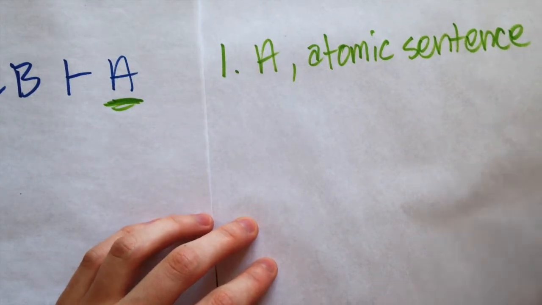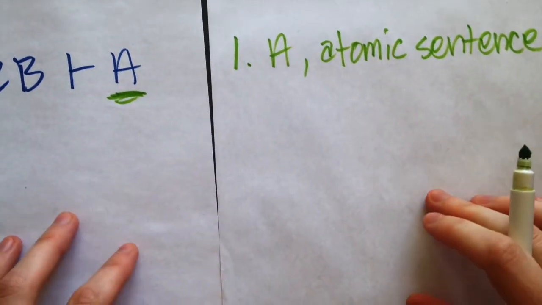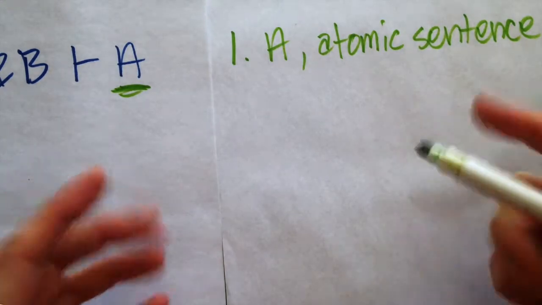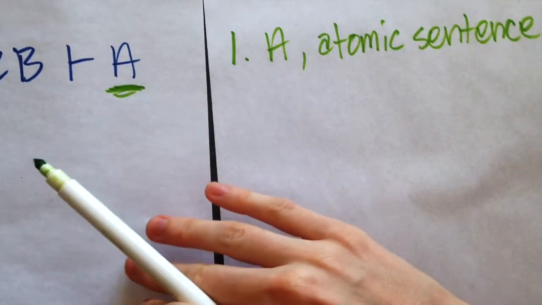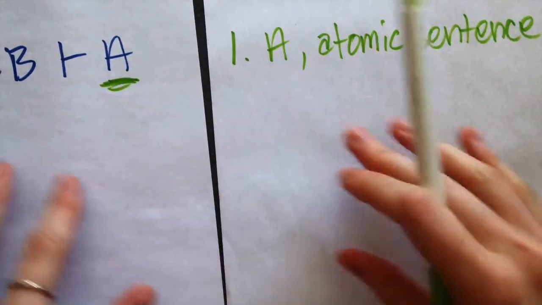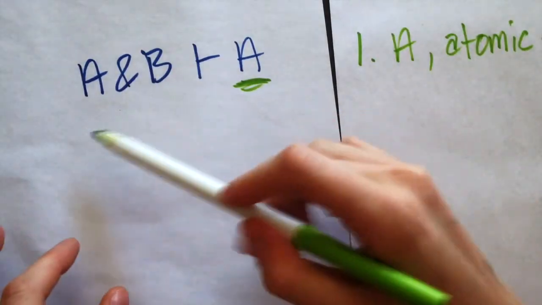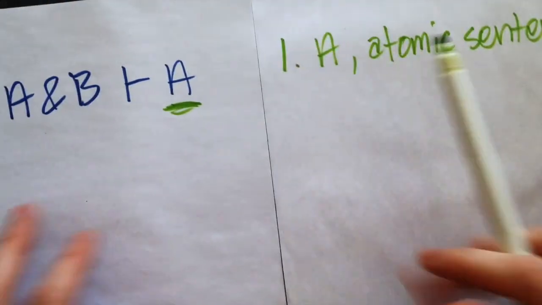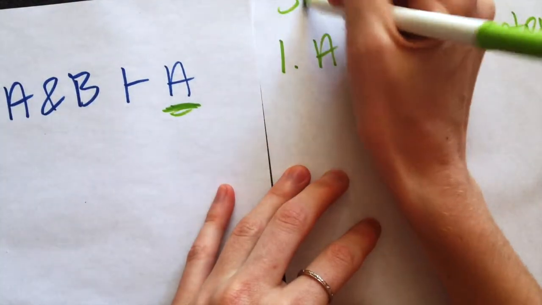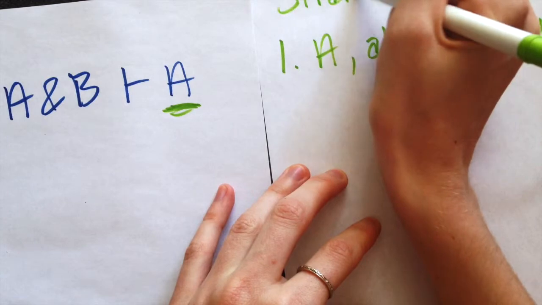Okay, so it's the first question. We've identified the conclusion. Now we want to figure out how the conclusion is embedded in the premises. So essentially what we're trying to do is figure out the connection between the premise here and the conclusion. Okay, that's a key part of figuring out your strategy for the proof.